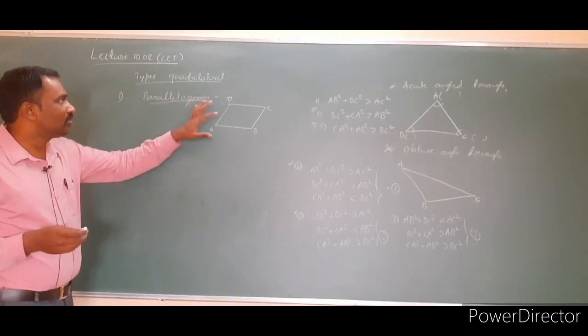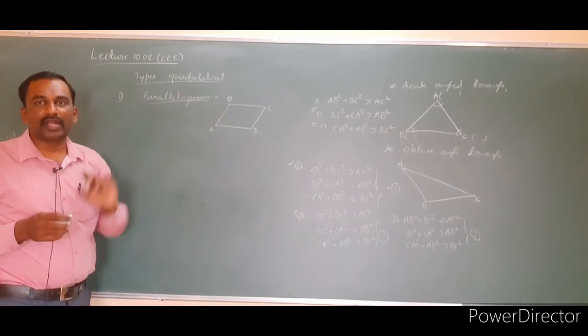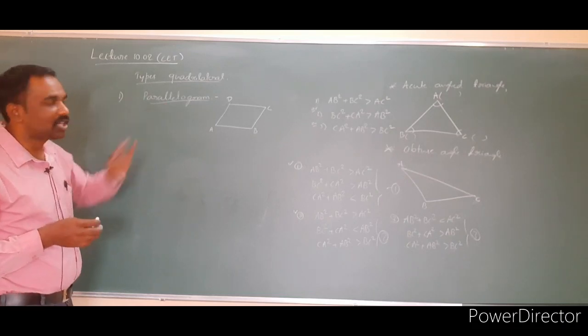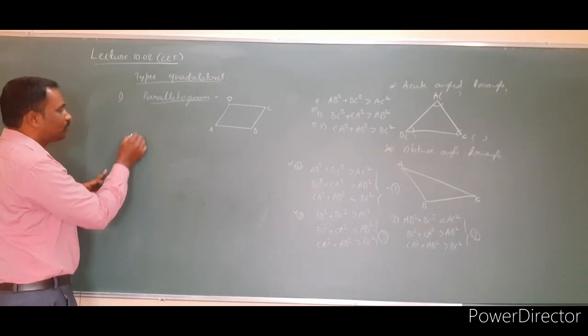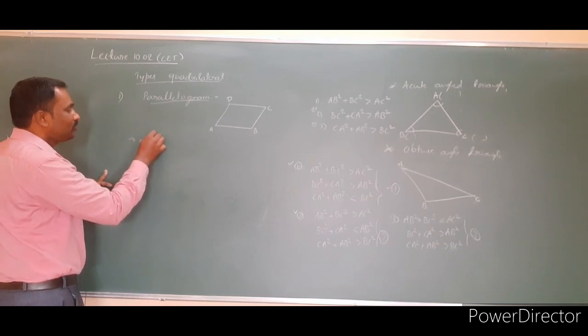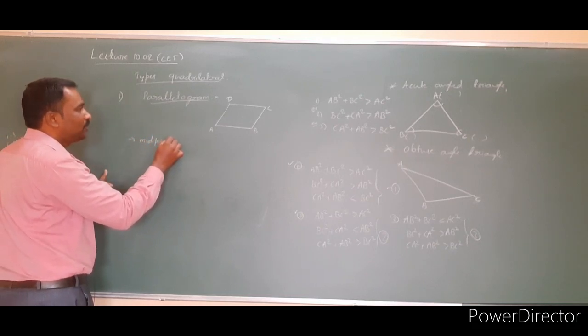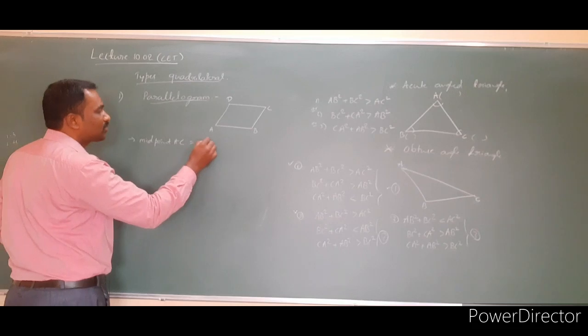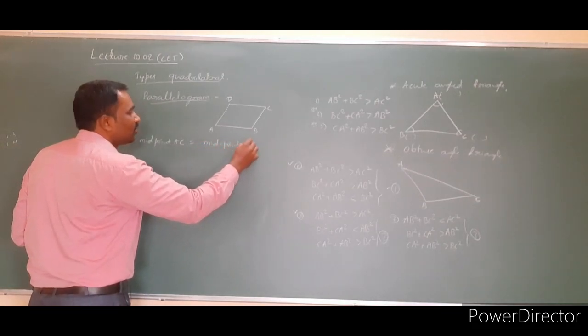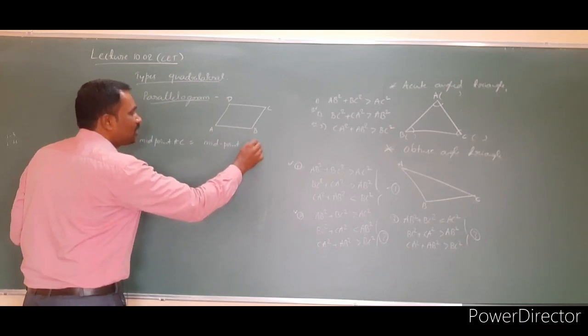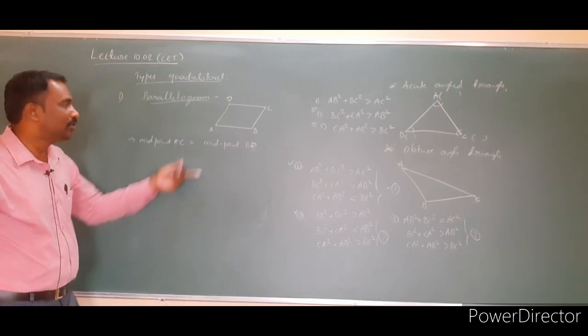We need to conclude whether a given quadrilateral is a parallelogram or not. For that, there are some points. The midpoint of AC must be equal to the midpoint of BD.